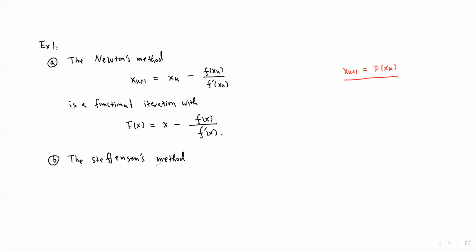The formula for the Steffensen method is x_{k+1} is x_k minus f(x_k) squared, over f(x_k plus f(x_k)) minus f(x_k). This is a functional iteration.